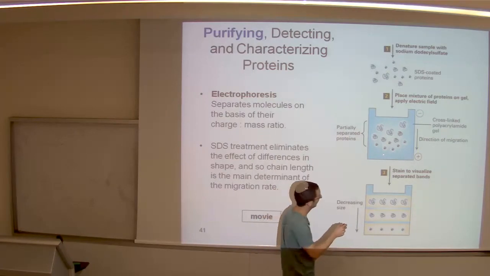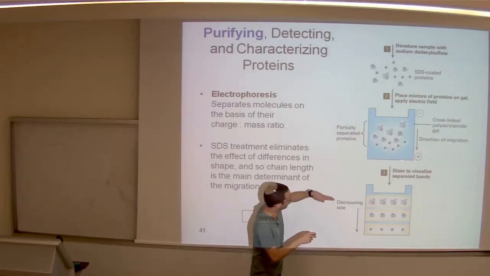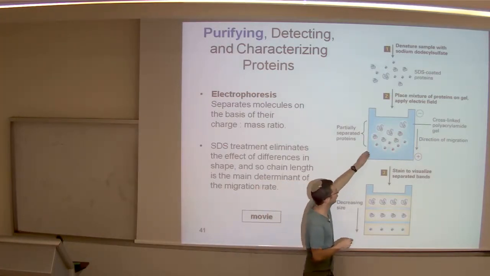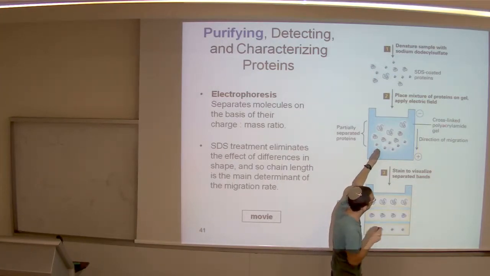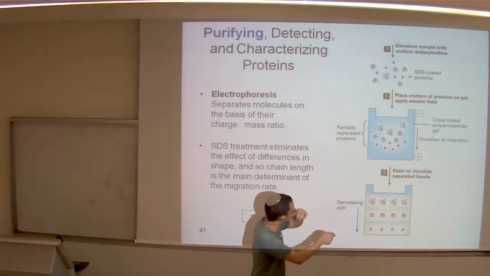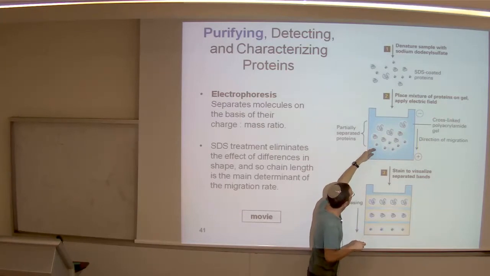In this case, the smaller the protein, the more towards the positive pole you will find it at the end, because the gel on which you let the proteins migrate is a cross-linked polyacrylamide gel, a very dense mesh of this molecule.